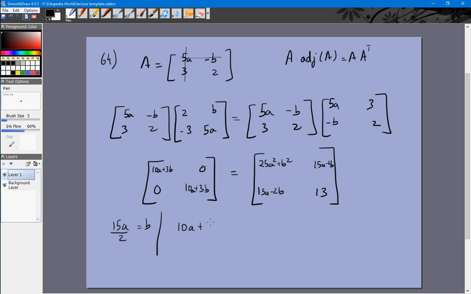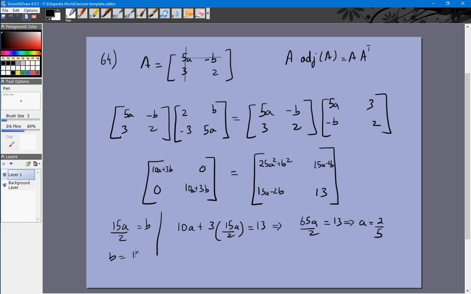So 10a plus 3 times b, which is 15a by 2, is equal to 13, which means 20a plus 45a, 65a by 2 is equal to 13, which means a is equal to 2 by 5. And if a is equal to 2 by 5, you can easily calculate the value of b as well.